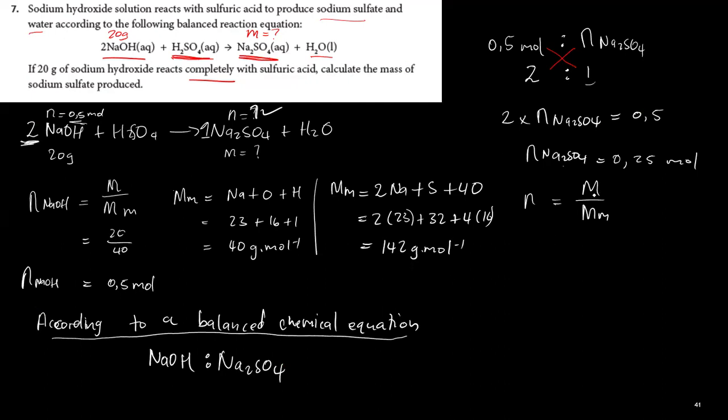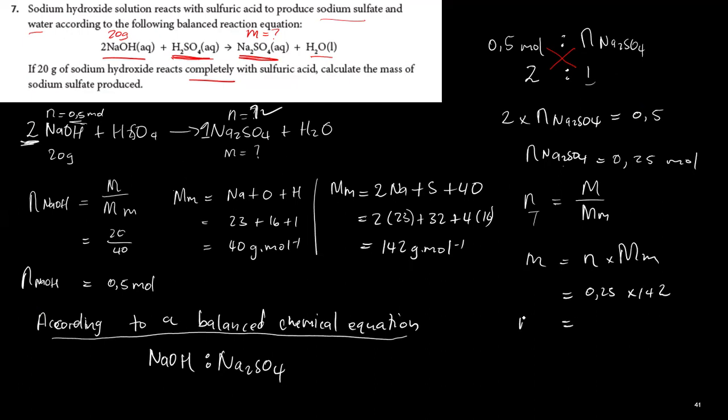Then we can calculate the mass. Let's cross multiply. Mass multiplied by 1 is mass, therefore number of moles multiplied by molar mass. The number of moles for sodium sulfate is 0.25, multiplied by the molar mass of 142 grams per mole.